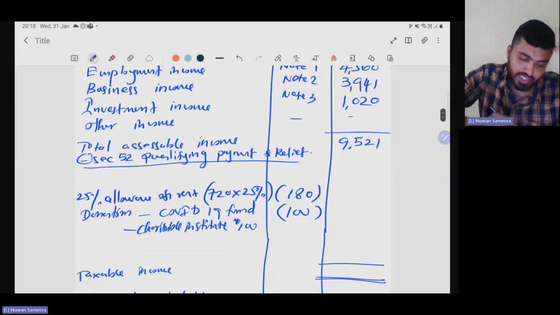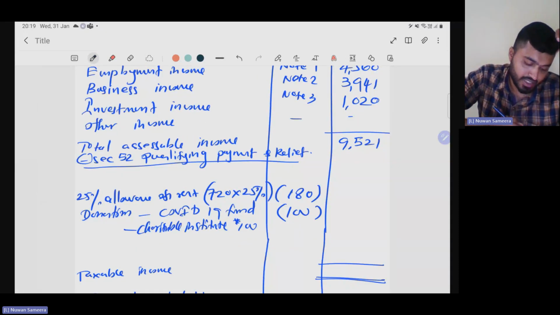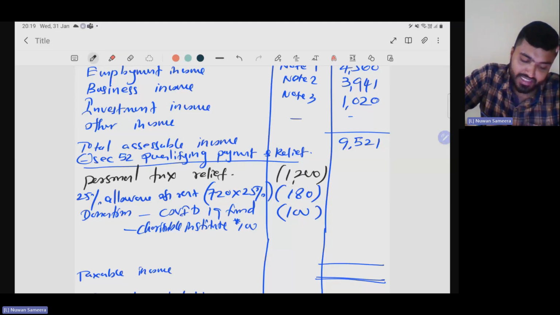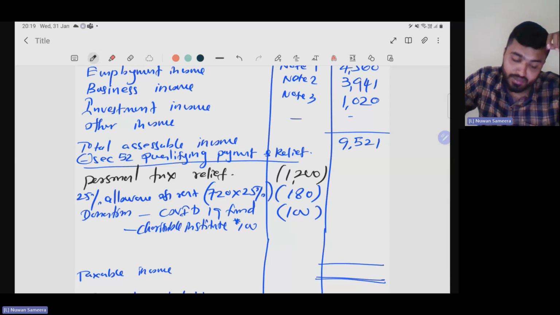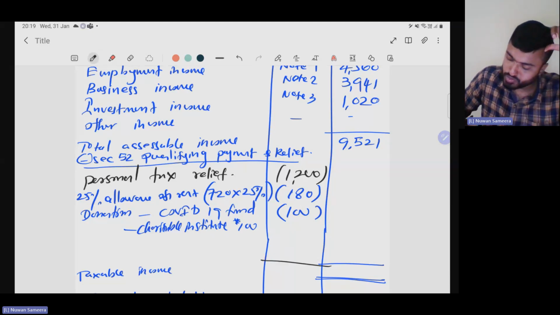So here, even though they have not given the instruction, you can deduct the personal tax relief. That information was never given in the question. Tax relief: 1.2 million now, not 3 million, right? The earlier it was 3 million, now 1.2. So this is the new one. So 1,200 plus 1,180 plus 100.